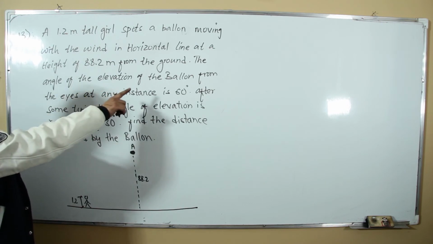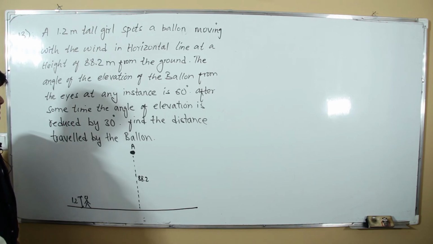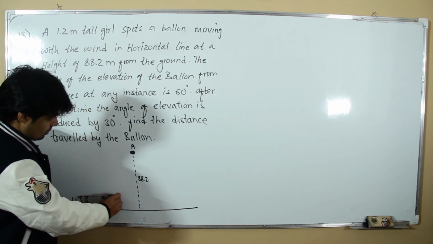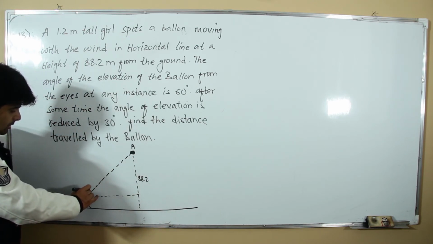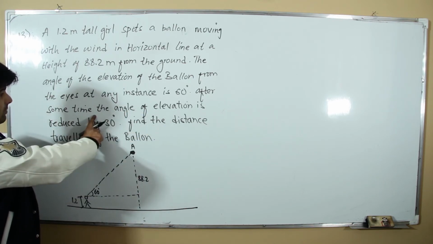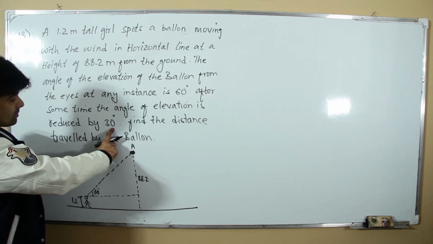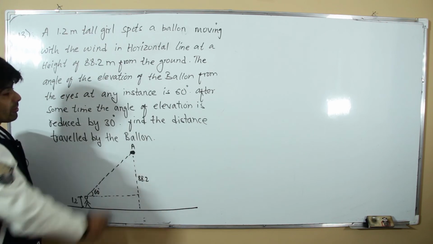Now the angle of elevation of the balloon from her eyes at first is 60 degrees. It means when she first looks at the balloon, this angle is 60 degrees. After some time, the angle of elevation is reduced by 30 degrees. After some time, this balloon moves by the wind in a horizontal line.